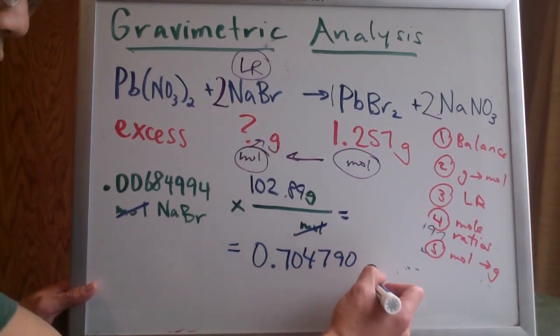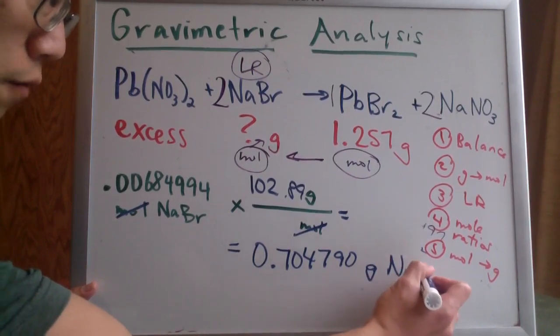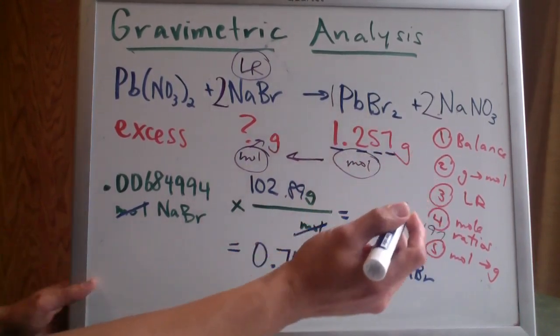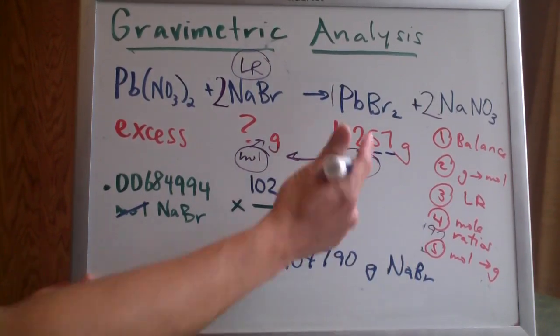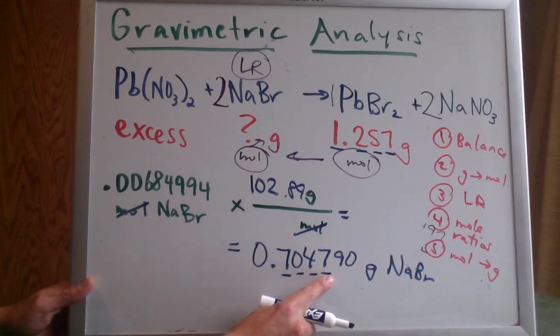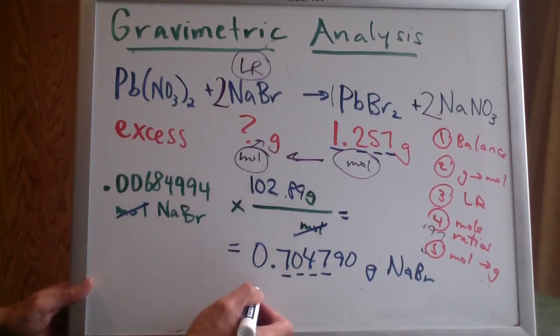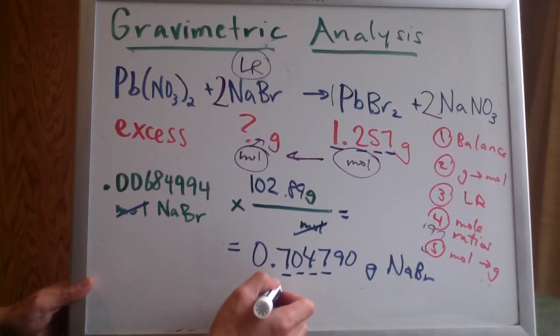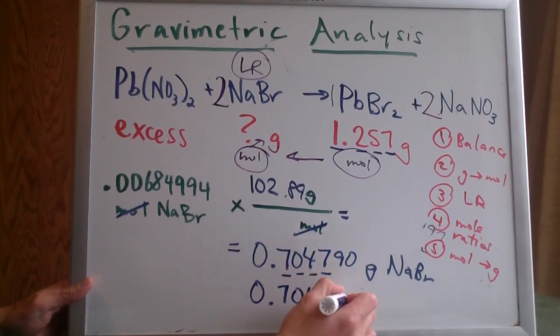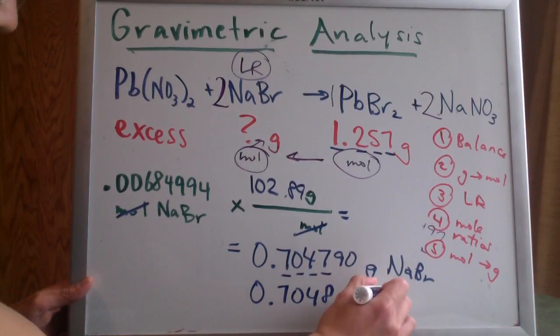So the grams should equal 0.704790 grams of NaBr. And then for sig figs, we had 1, 2, 3, 4 from the initial mass reading of the precipitate. So we need 1, 2, 3, 4. So we'll round over here where the 7's at, and we'll end up with 0.7048 grams of NaBr.